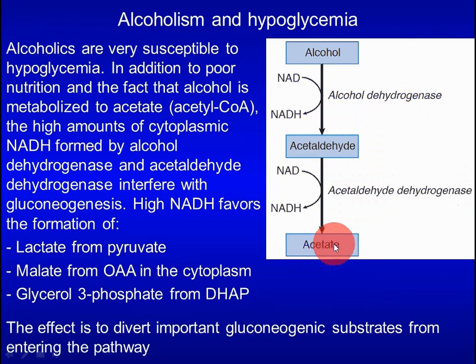High NADH favors the formation of the following substances: lactate from pyruvate, malate from OAA, and glycerol 3-phosphate from dihydroxyacetone phosphate. The effect is to divert important glucogenic substances from entering the glucogenic pathway.